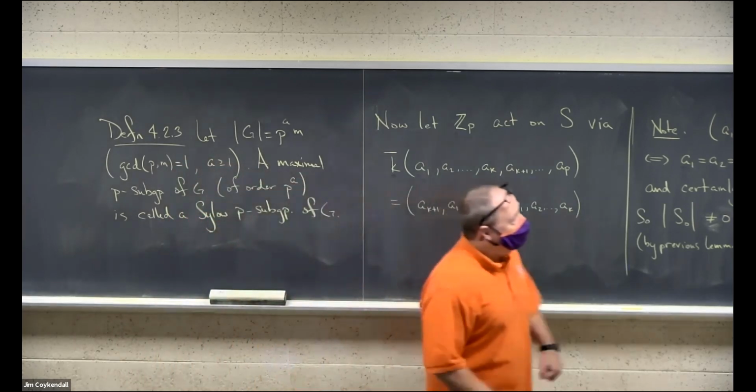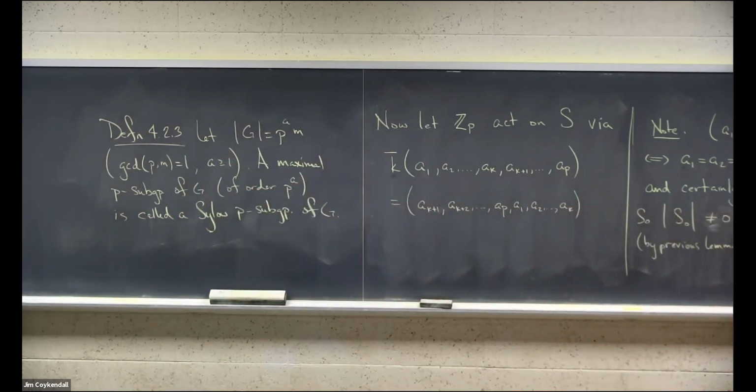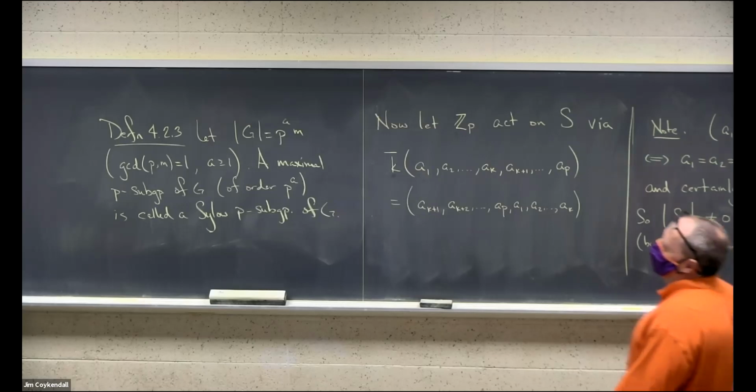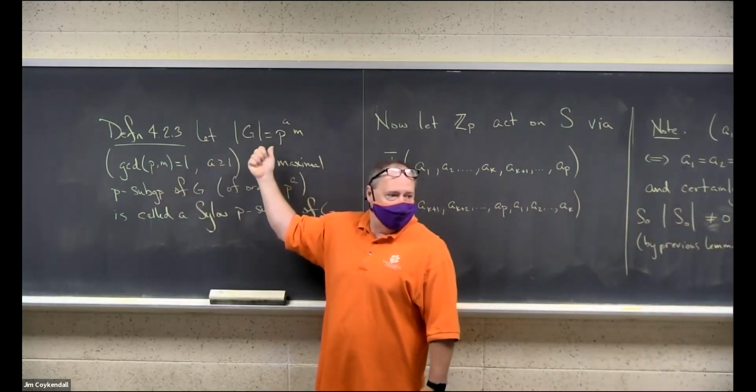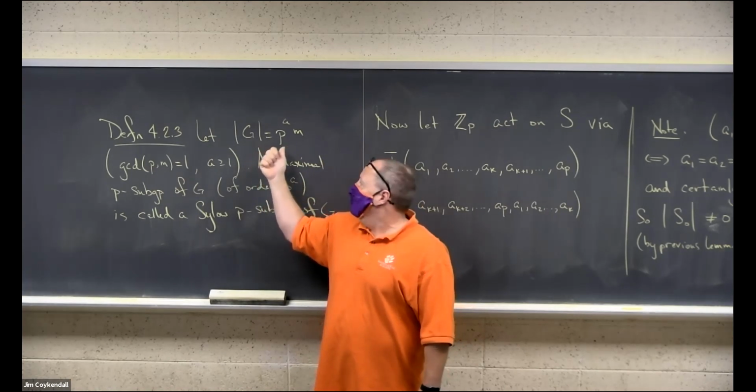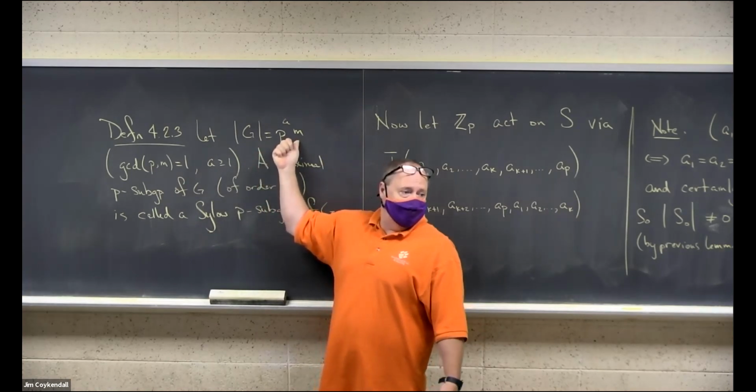Now, let me point out here that if I was being super careful, I would say if it exists. When I say the GCD of P and M is 1, what I mean is I've sucked every power of P out of this that I can and left M naked with no P's left.